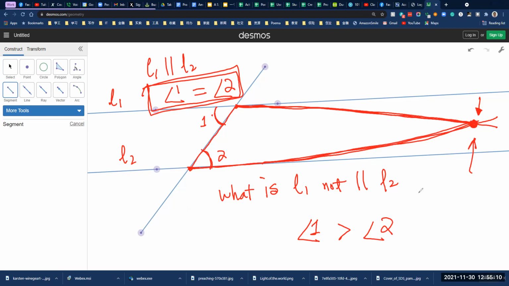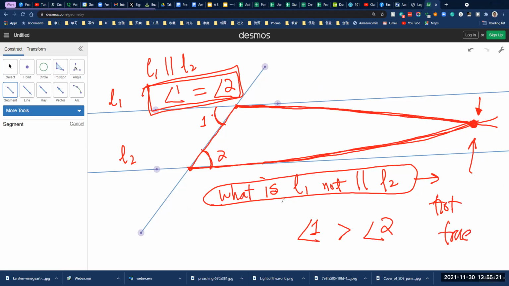It means whatever the premise is, is not true. So therefore, L1 and L2 must be parallel to each other. Because if not, we get the contradiction that angle 1 is bigger than angle 2, but we said angle 1 and angle 2 are congruent.